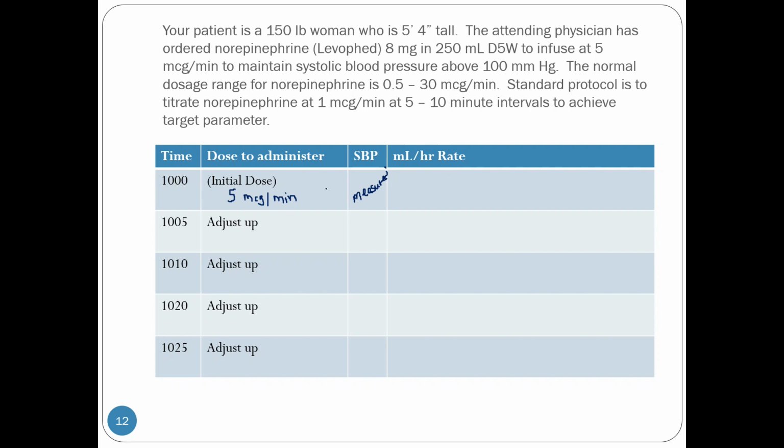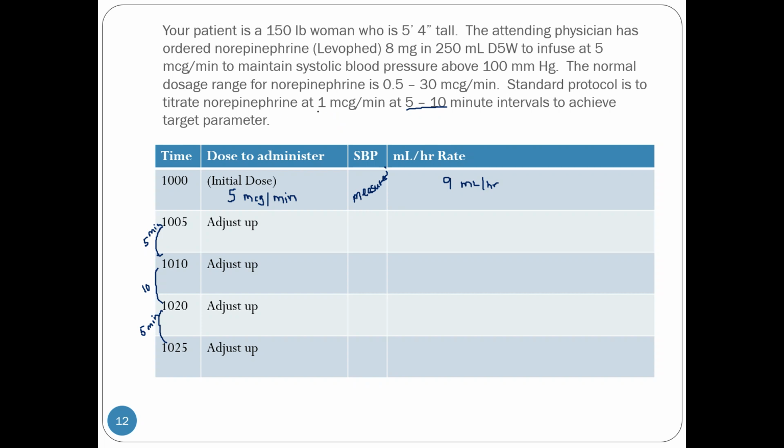And the milliliter per hour rate that we just calculated going with the 5 was 9 milliliters per hour. The whole way down through my chart, here we have an interval of 5 minutes, then an interval of 10 minutes, then another interval of 5 minutes. And these are all reasonable adjustments because it was to be every 5 to 10 minutes.